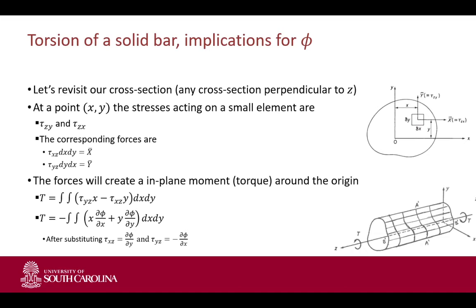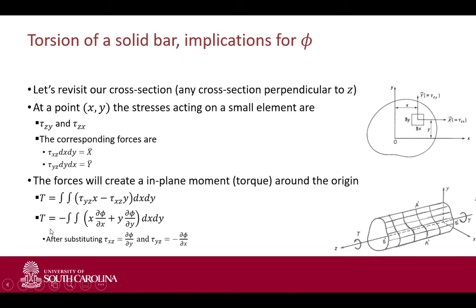Again, we substitute our Prandtl function in for tau yz and tau xz as d phi dx and minus d phi dy. So that minus cancels out with the initial minus, so it becomes a plus here.